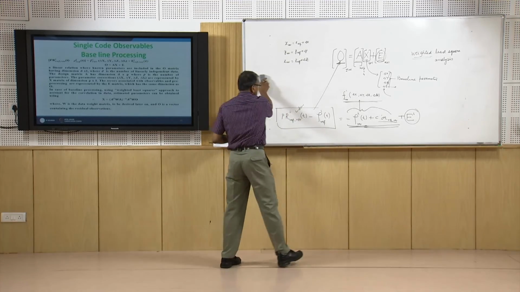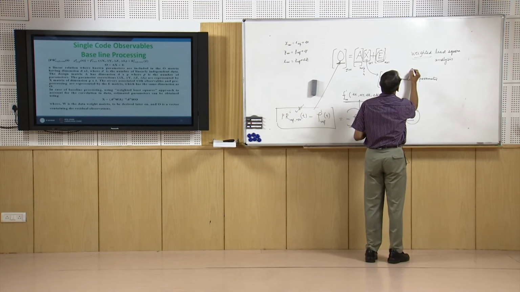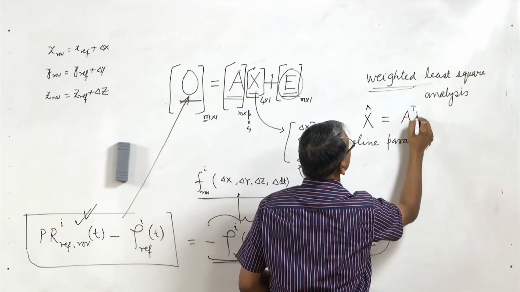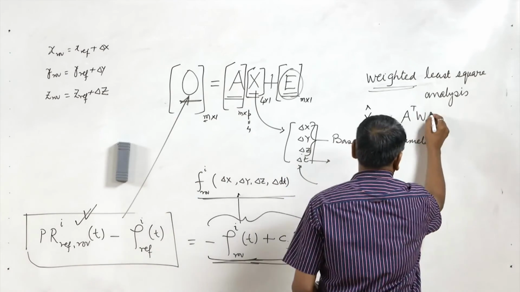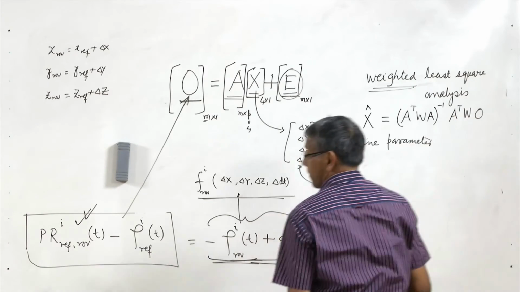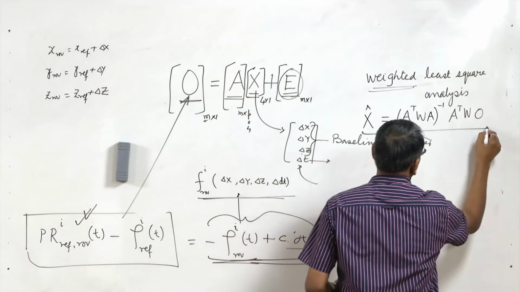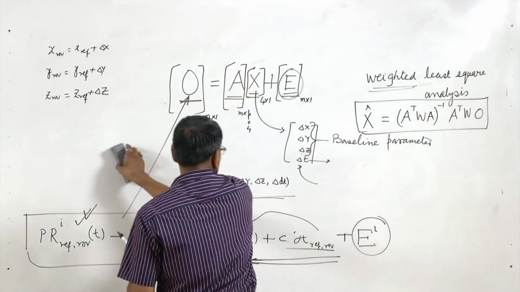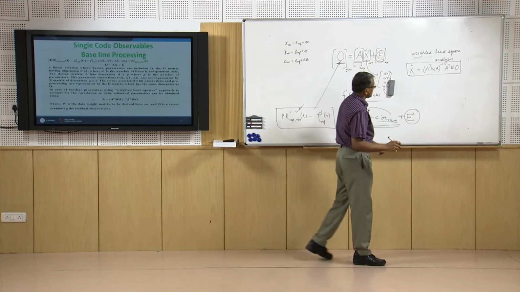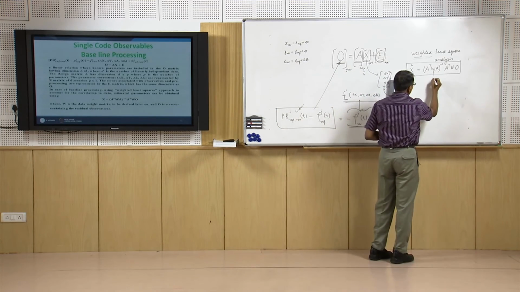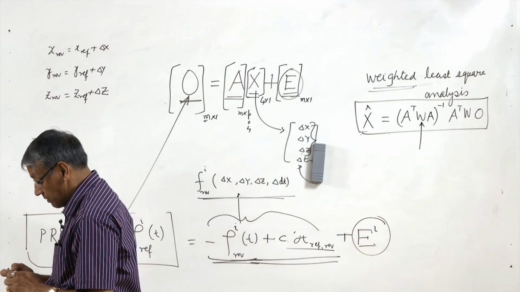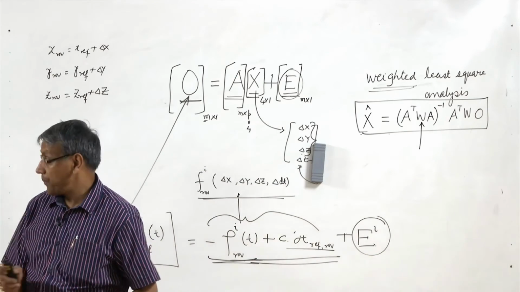So, by using the weighted least square analysis, we get the unknown parameter matrix x equal to (A^T W A) inverse A^T W O. So, this is the final output that we will get in case of baseline processing, where W is the weight matrix, and it depends upon the quality of the observable that is being received from the GPS satellite.